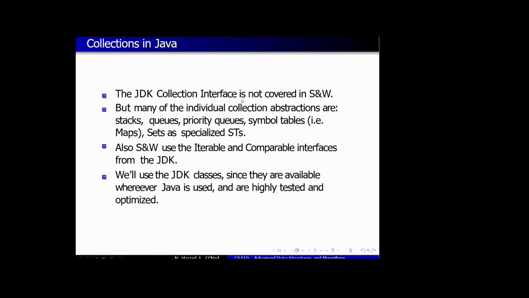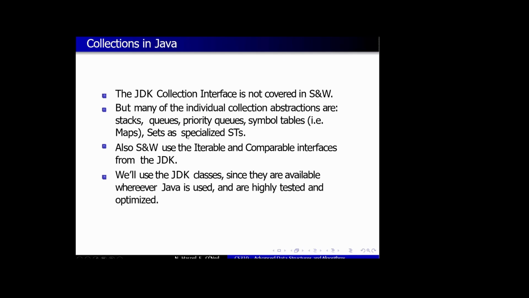Okay, so even though the details are different, the collection abstractions are covered. So the stacks and queues and priority queues and symbol tables, which we're going to be calling maps now, but they're the same thing. And even sets are briefly covered in the textbook as specialized symbol tables.